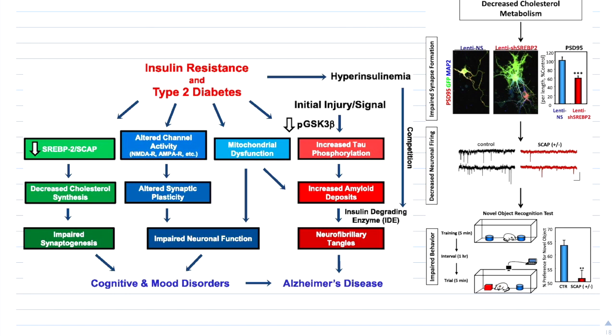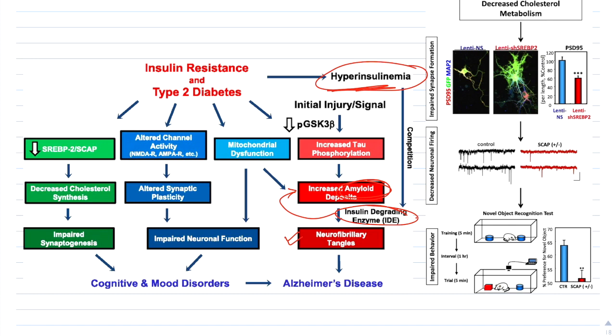Insulin resistance and type 2 diabetes lead to a chronic hyperinsulinemic state earlier, and there is an increase in the insulin degrading enzymes as well. Hyperinsulinemia leads to increased production of enzymes that will degrade the insulin. These insulin degrading enzymes also lead to increased amyloid degradation, leading to formation of neurofibrillary tangles.